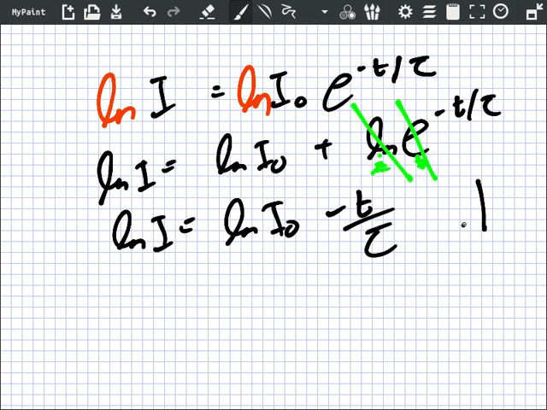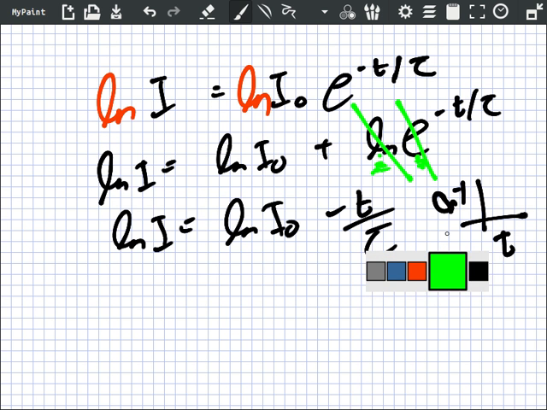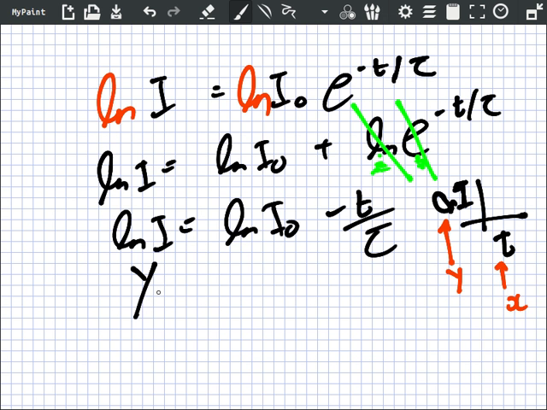Now, if I was to make a graph here, log I is like y, and t is like x.